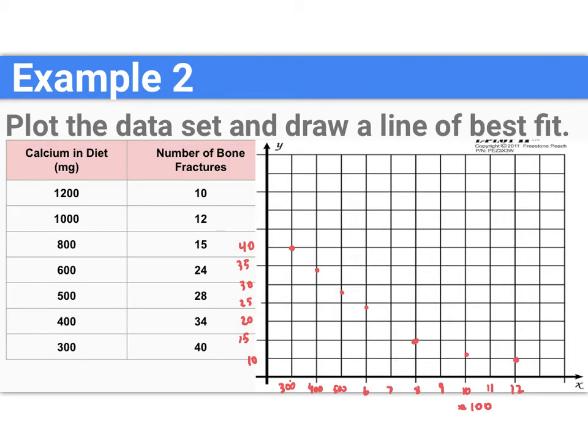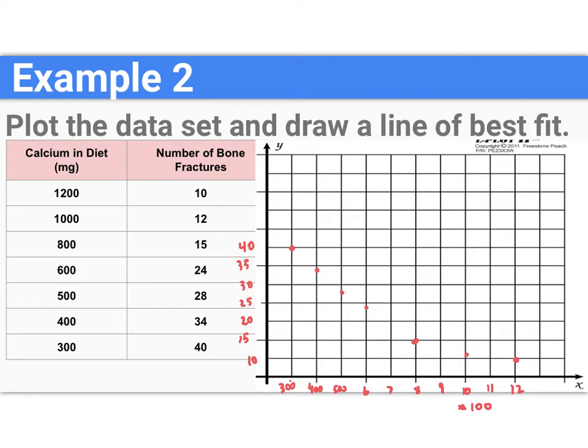Okay, so this graph got a little compacted, but that's okay. We can see that a straight line will not fit all the points. The line will be curved. So 1, 2, 3, 4, 5, 6, 7 points again. If we're going to draw a line, about 3 points should be above and 3 points should be below.